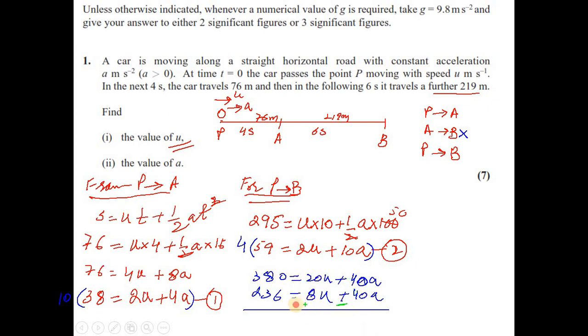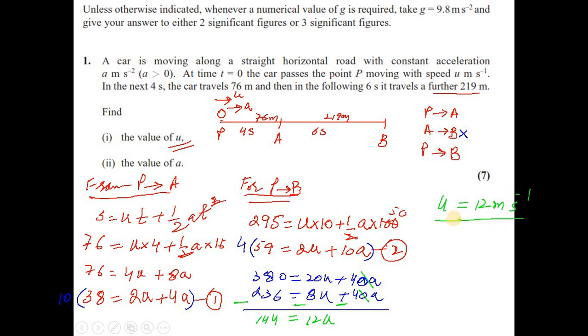So you can subtract these two. Your answer would be 380 minus 236, which is 144, and 40a cancels, and it will be 20 minus 8, which is 12u. Finally, u would be equal to 12 meters per second.